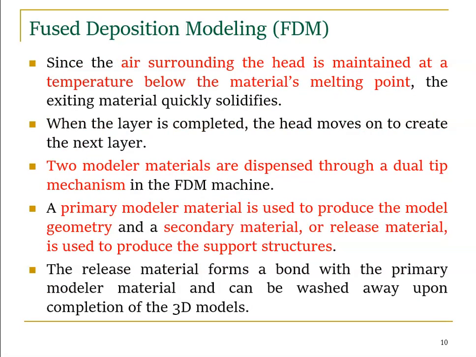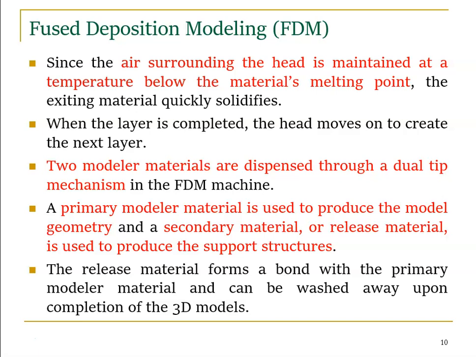Since the air surrounding the head is maintained at a temperature below the material's melting point, the exiting material quickly solidifies, right? So after completing the first layer, the environment should be a controlled environment, so it will automatically solidify. The second layer will be deposited over the first layer. So when a layer is completed, the head moves on to create the next layer.